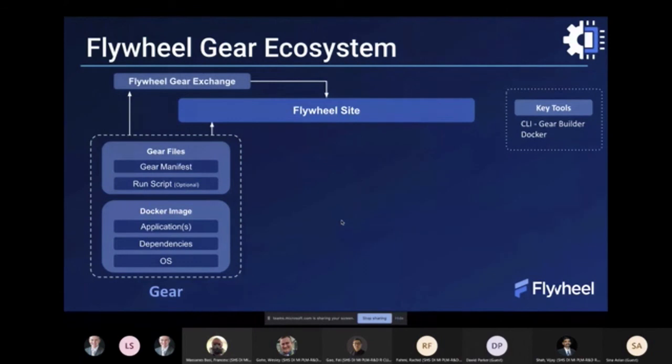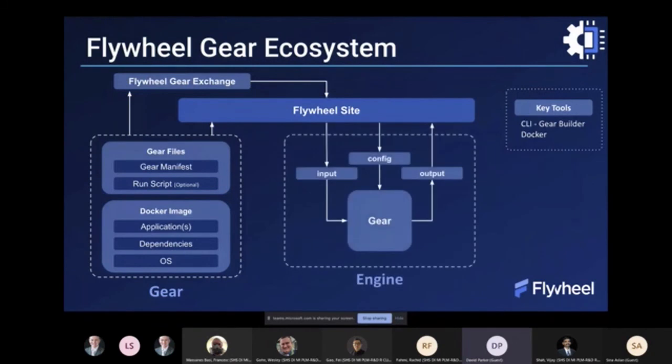Okay. So a gear is made up of these gear files and the Docker image. You can either upload this directly to the Flywheel site yourself, or it can go to the Flywheel Gear Exchange, in which case anyone can upload it to their Flywheel site. The Flywheel site takes your gear and looks at the manifest. That allows it to generate a user interface and allows you to select inputs and specify configuration settings.